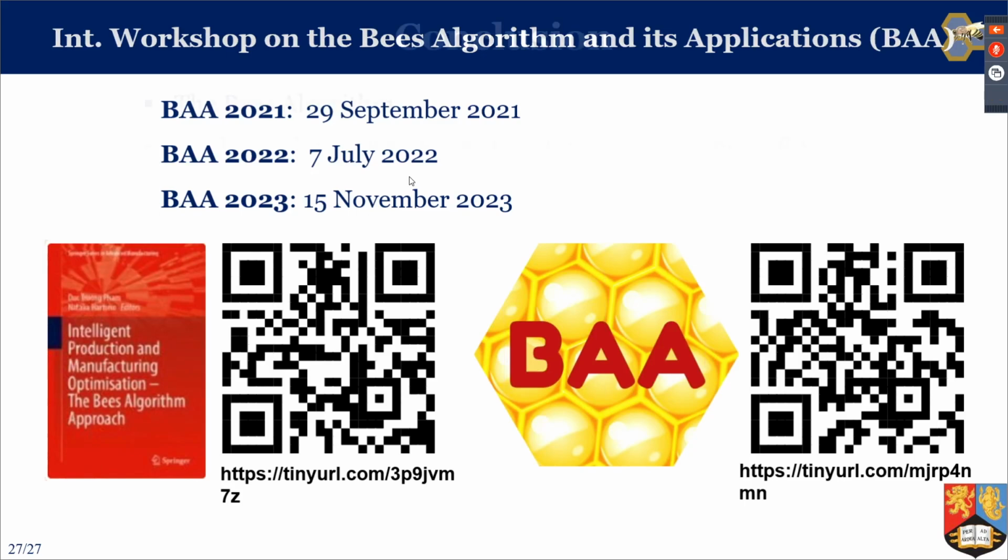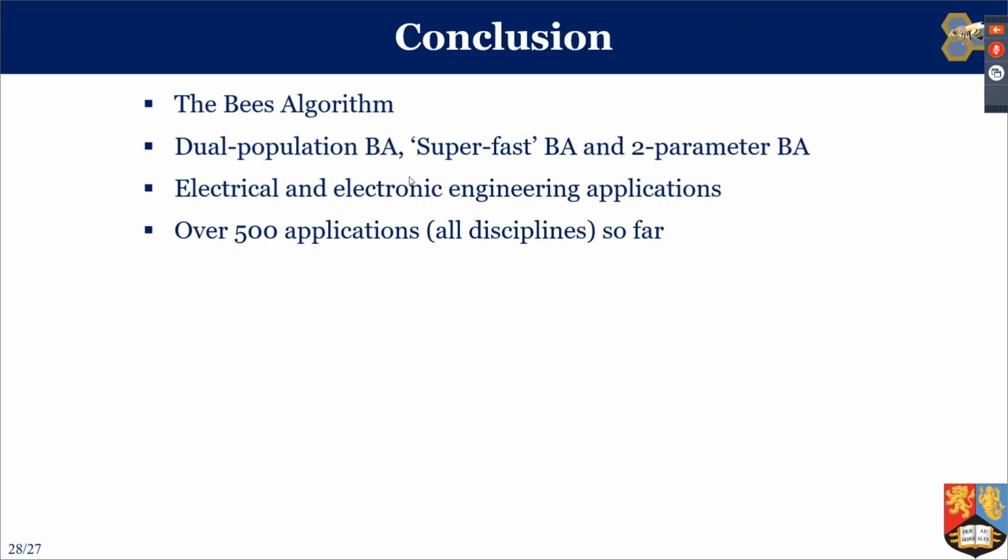So, in conclusion, in this presentation, we have described the Bees algorithm, how it works. We have seen that the Bees algorithm is based on how bees forage for food in nature. And they do that using scout bees that perform exploration, forager bees that perform exploitation in the case of the basic Bees algorithm, or they can perform both exploration and exploitation, as in the case of the two-parameter Bees algorithm.